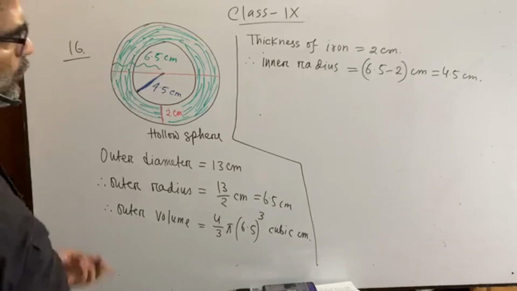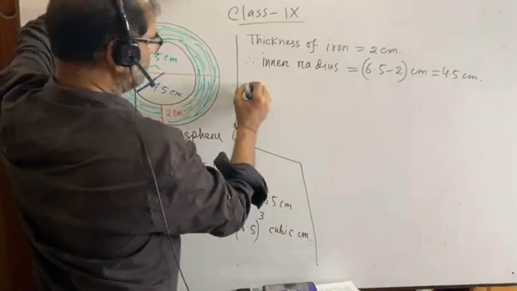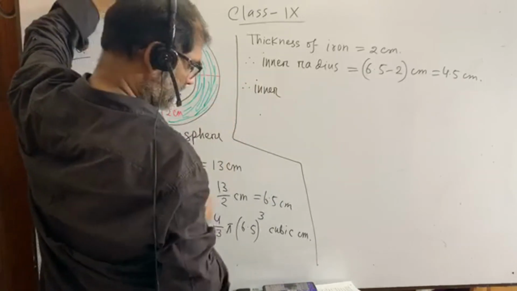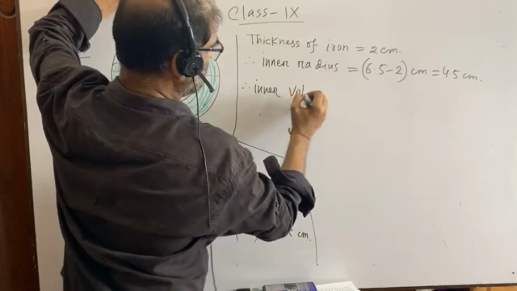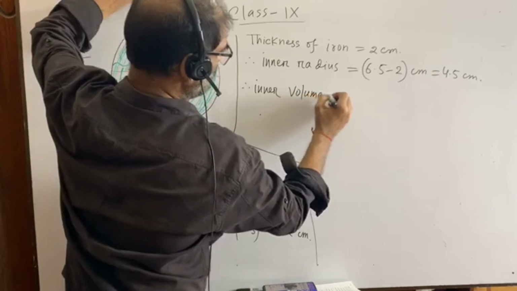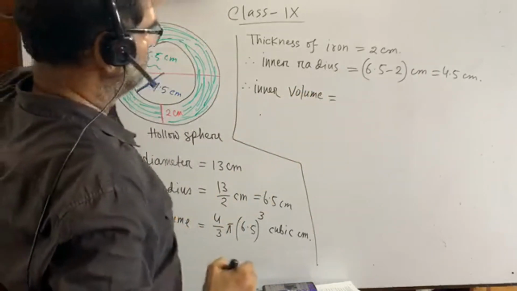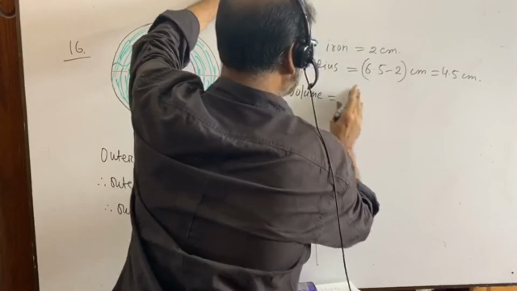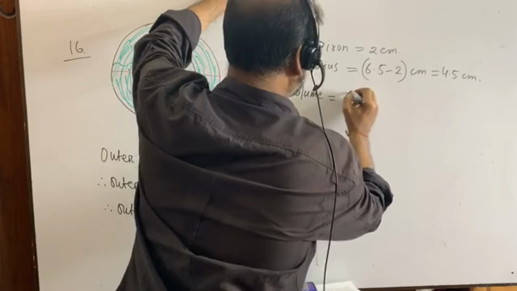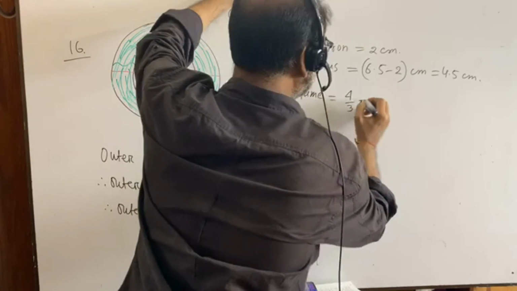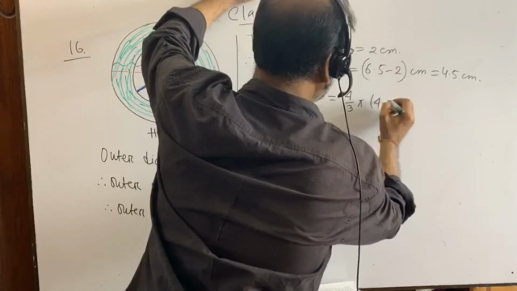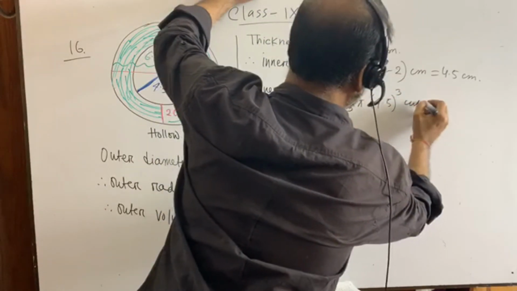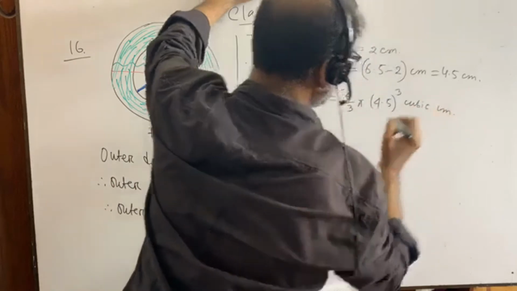Now what is the inner volume? Therefore the inner volume is equal to, we can write down here, 4 by 3 pi 4.5 cubic centimeter.